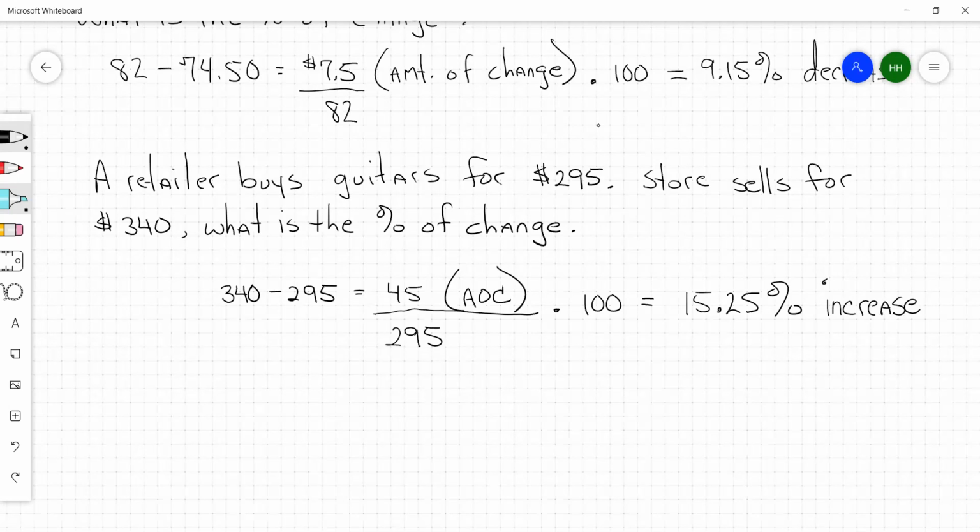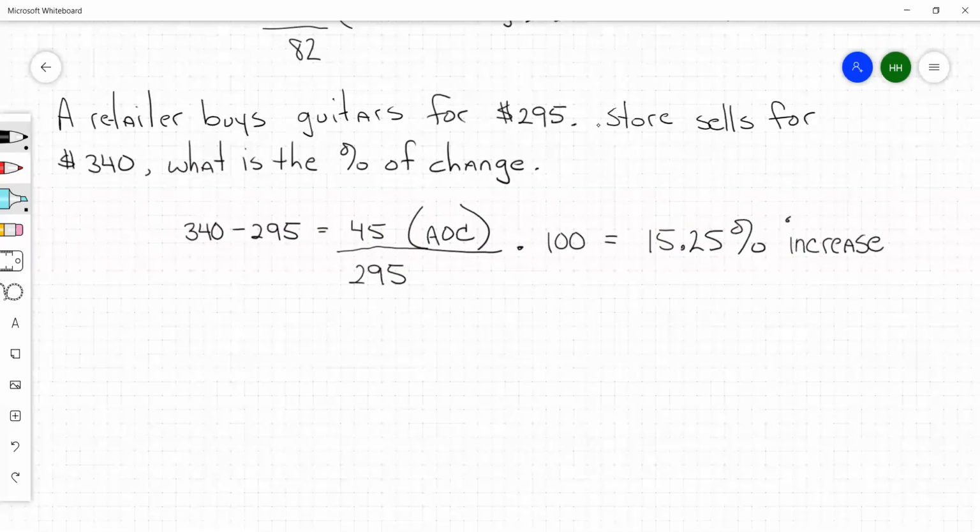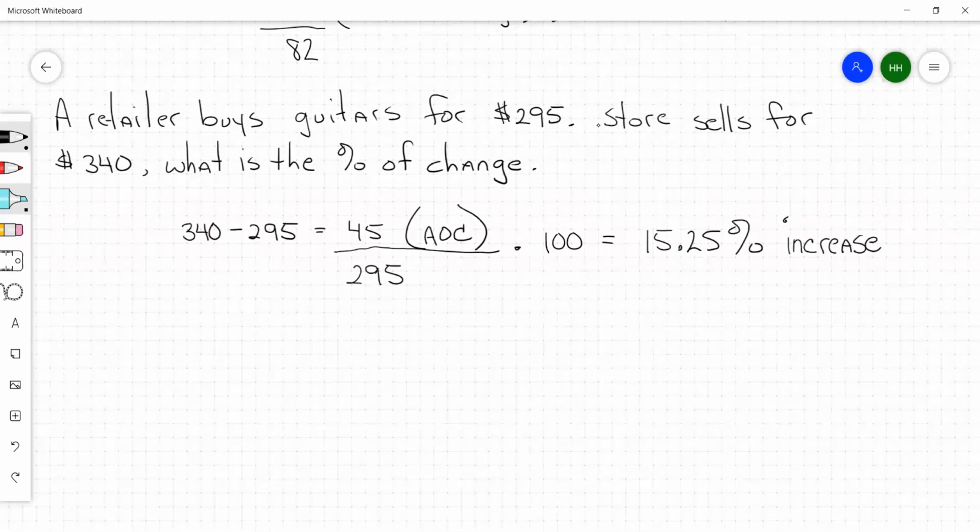Now, I don't know how many of you are interested in business as a future. But let me just tell you from experience, if you're going to buy something for $295 out of your pocket, and then sell it for $340, you're not going to be in business very long, are you?